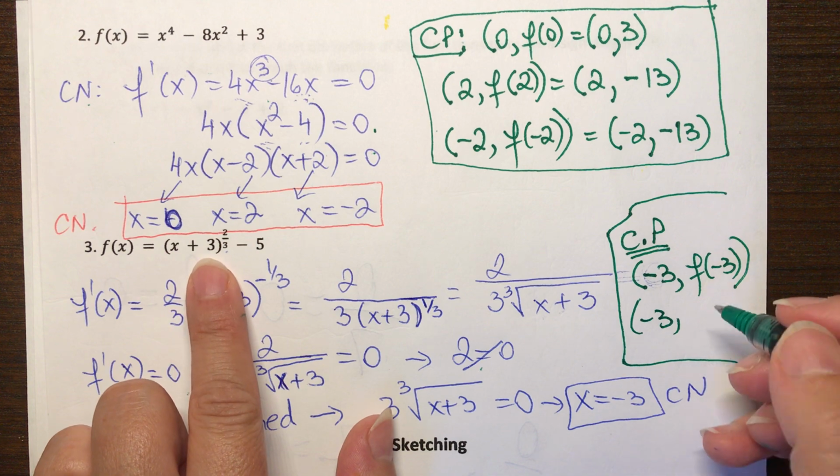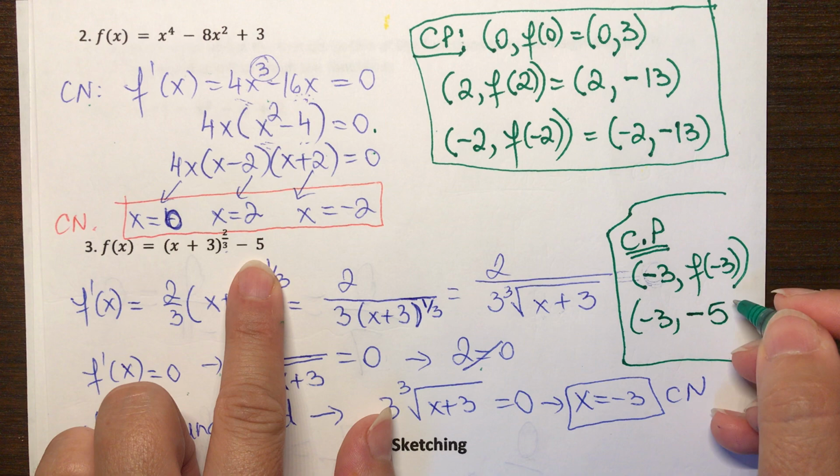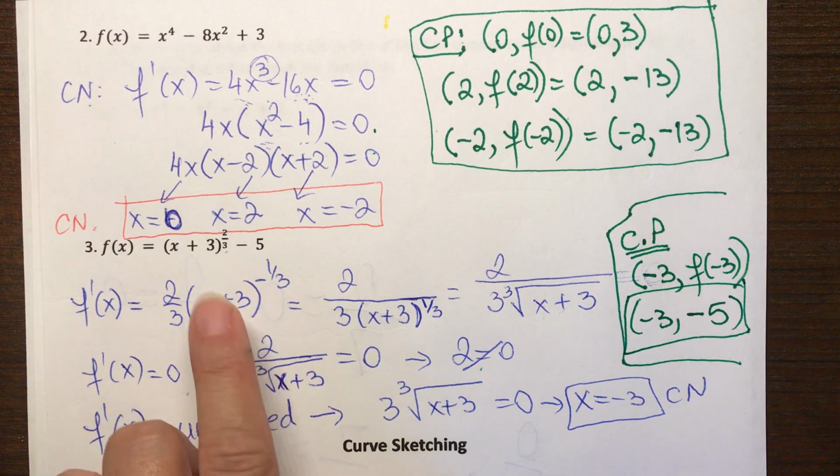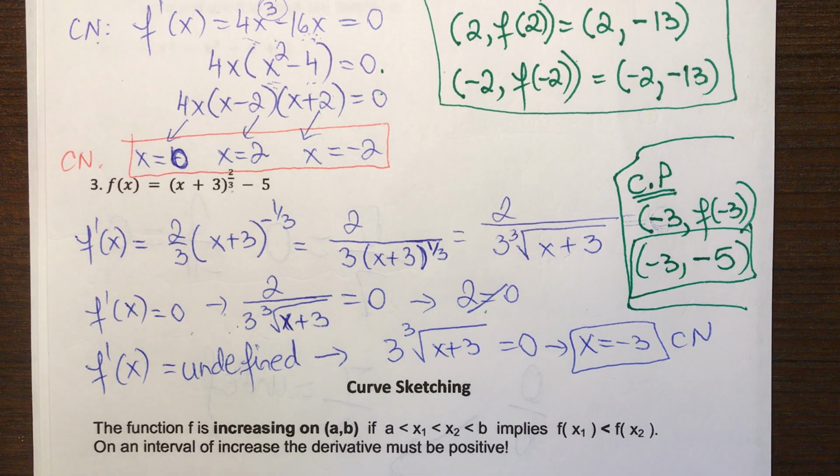I'll get a 0 to the 2/3. That's still a 0. 0 minus 5 is a negative 5. That's possible. So just because the derivative was undefined at a point doesn't mean the function itself was as well. So we'll stop this video here and we'll continue on more next time.